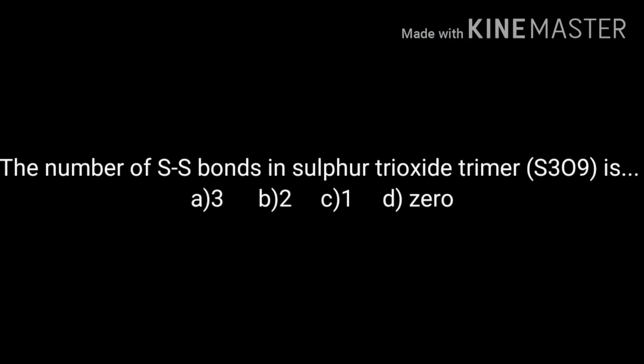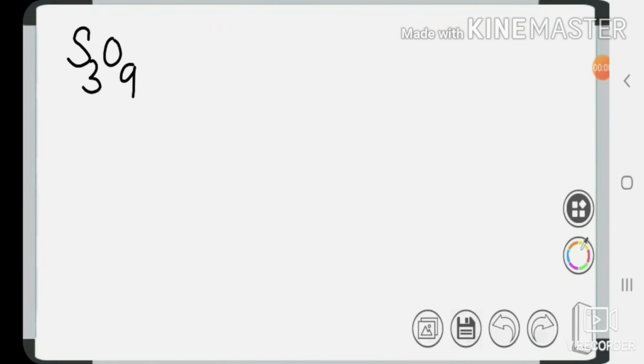The next question is: the number of sulfur-sulfur bonds in sulfur trioxide trimer S3O9 is. Options are 3, 2, 1 or 0. We want to find the number of sulfur-sulfur bonds present in S3O9.